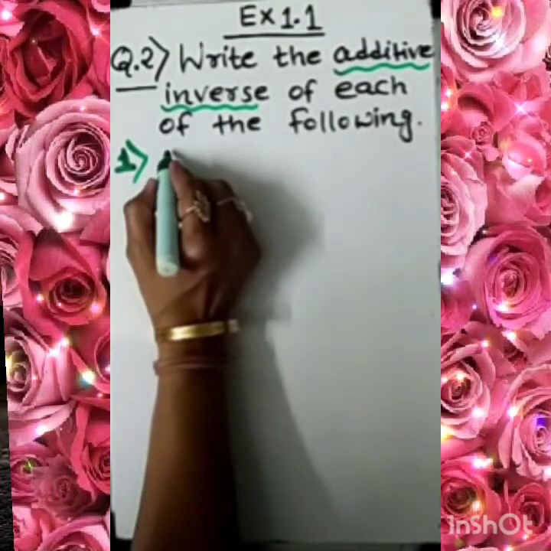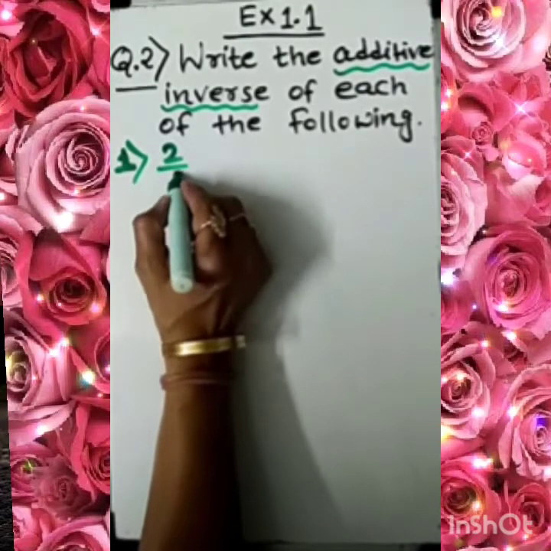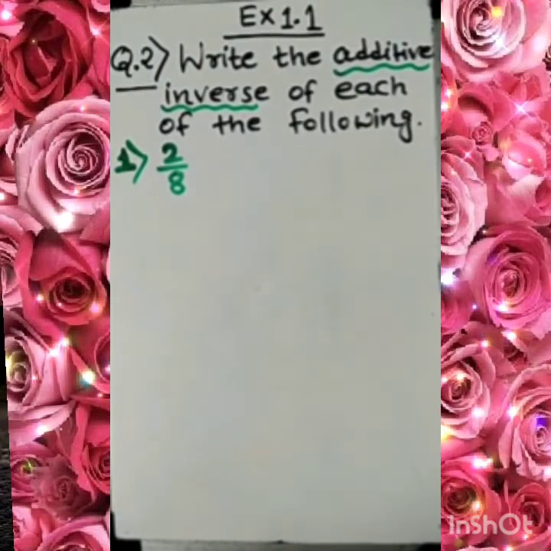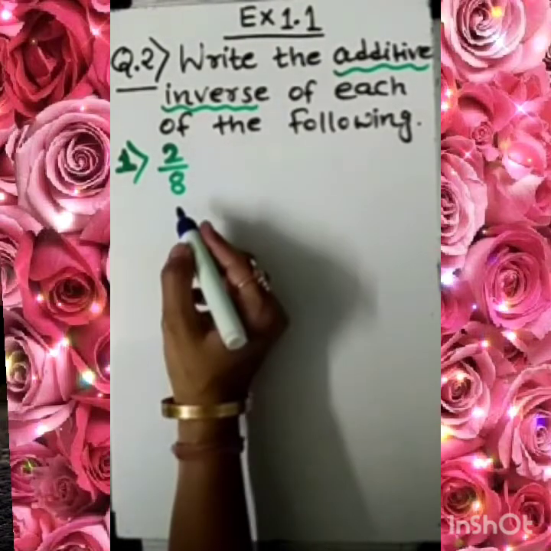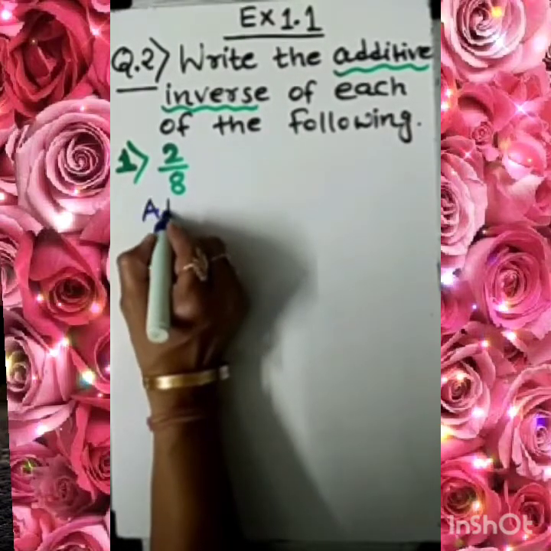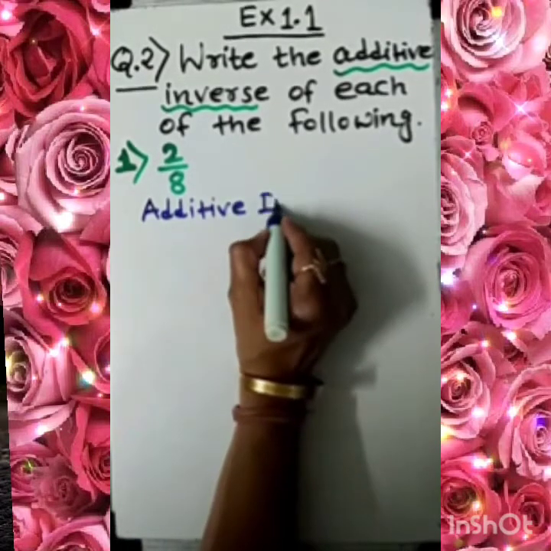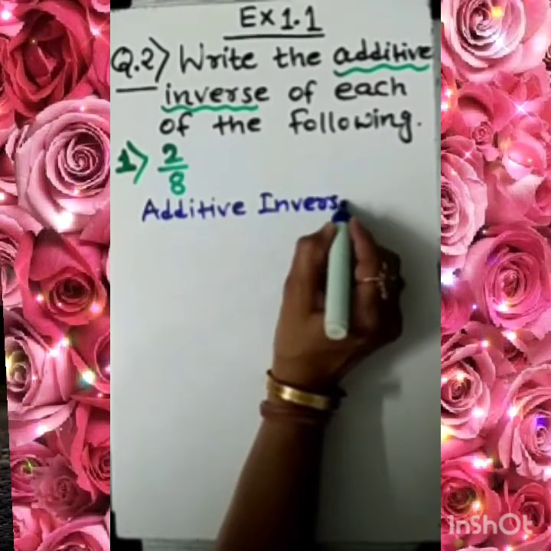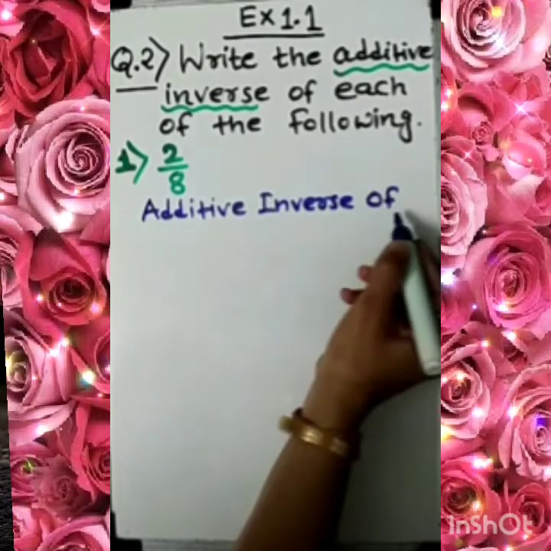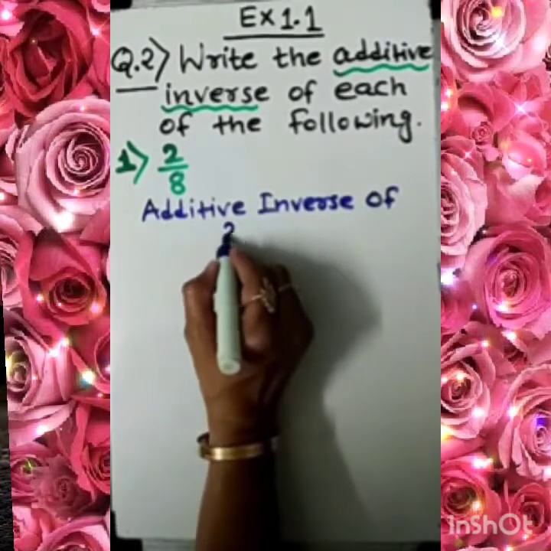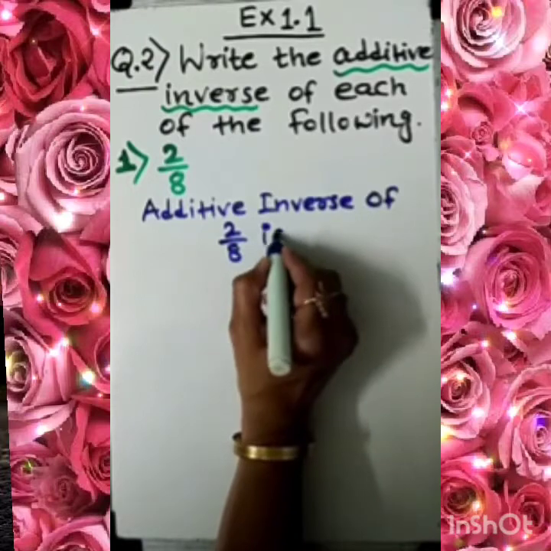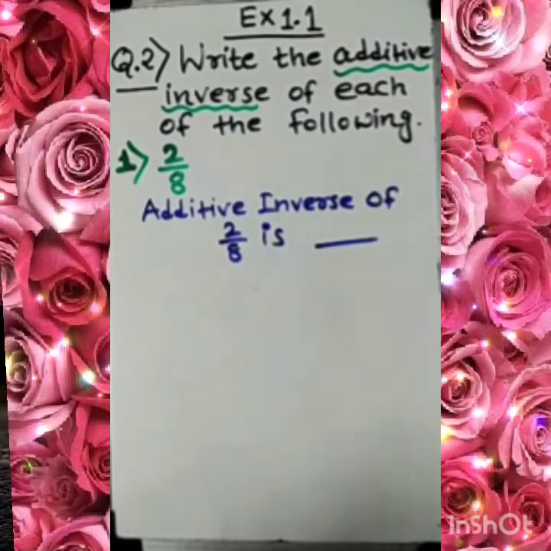First is 2 by 8. This is the question. So we need to write here additive inverse of 2 by 8 is dash. What will it be?